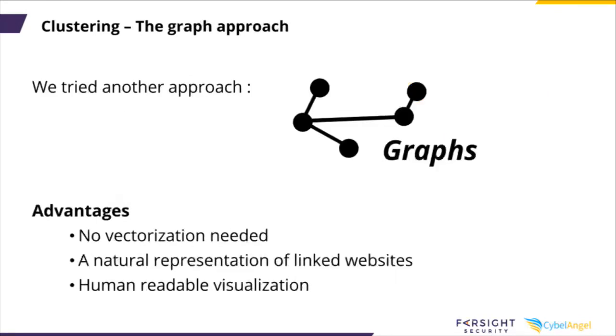This is how we came up with graphs. Graphs are a great way to represent our data because you do not need to vectorize it, so it's an easier job. And also, graphs come as a very natural representation of websites linked together as a network. And also, in the end, you get a very human-friendly representation of your data.